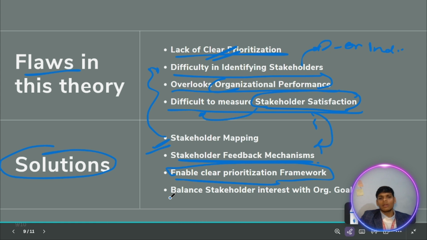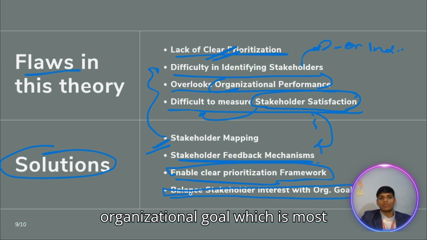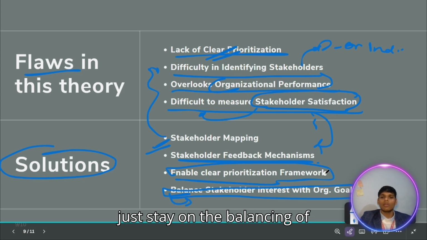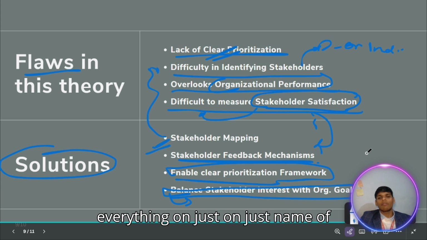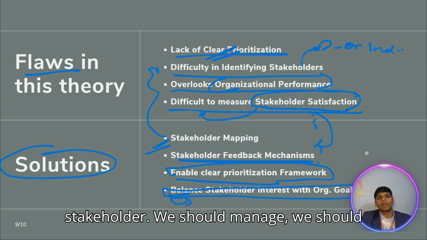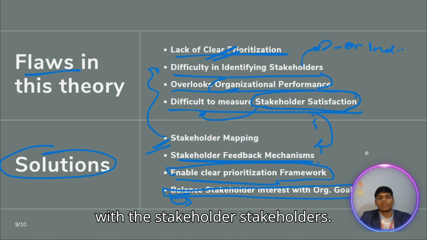And balance the stakeholder interest with the organizational goal, which is the most important thing for us. We can't just stay on balancing everything in the name of stakeholders. We should balance the organizational goals also with the stakeholders.